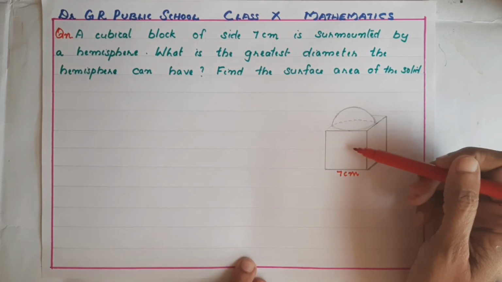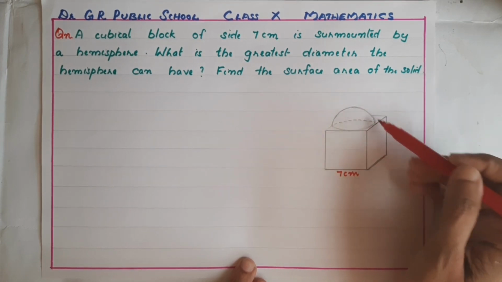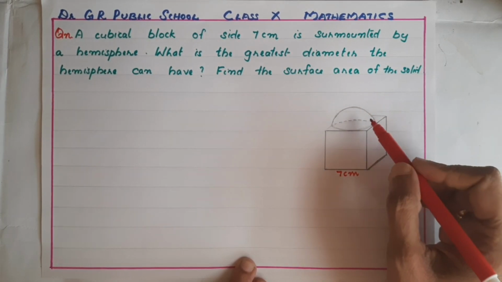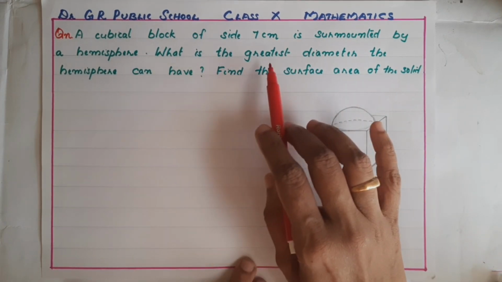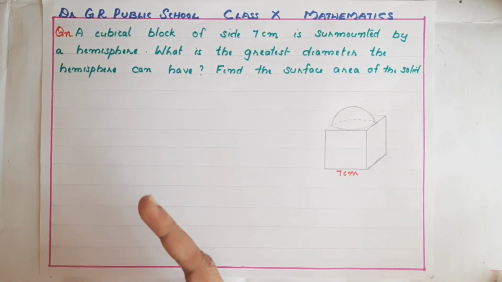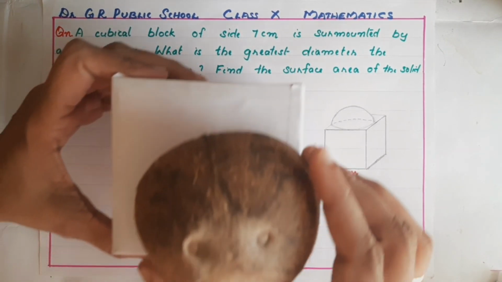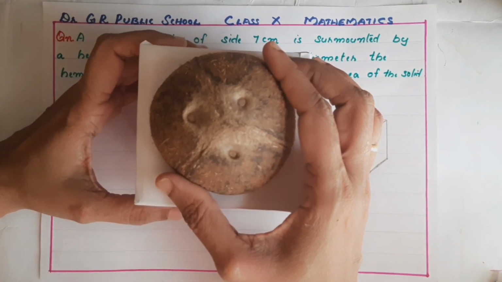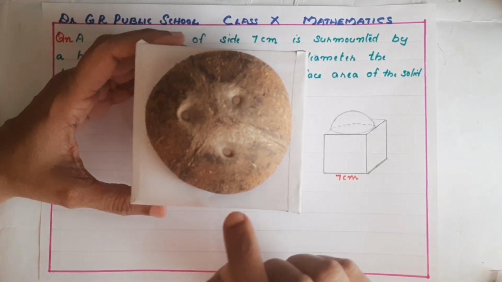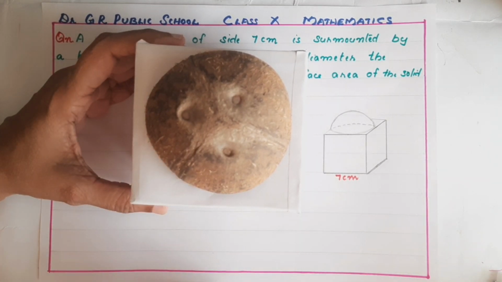Surmounted by a hemisphere means on the top of the cube we have a hemisphere. So if we are keeping a hemisphere like this, what is the greatest diameter the hemisphere can have? See children, a cubical block of side 7 cm is surmounted by a hemisphere like this. And here the question is, what is the greatest possible diameter of this hemisphere?